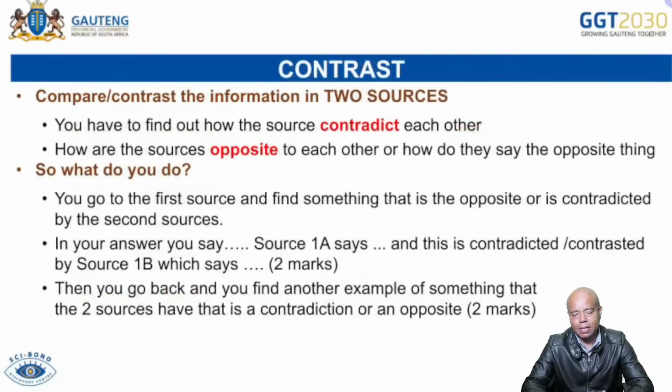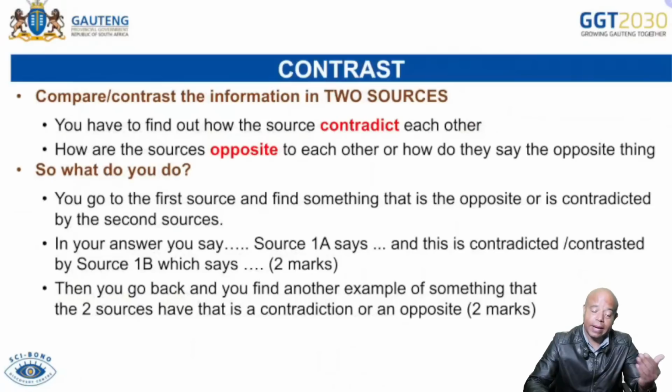What is contrast? Contrast means opposite, two separate sides. So what do you do now? You go to the first source, you find something that is opposite or contradicts the second source. So how do you write it down? You say source 1A says there are planes, and this is contradicted by source 1B, which says there were trucks. So what is the contradiction? Planes and trucks.